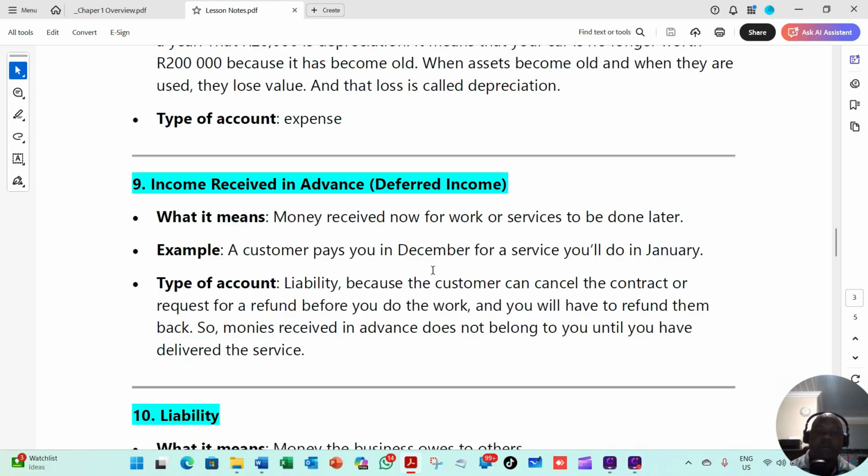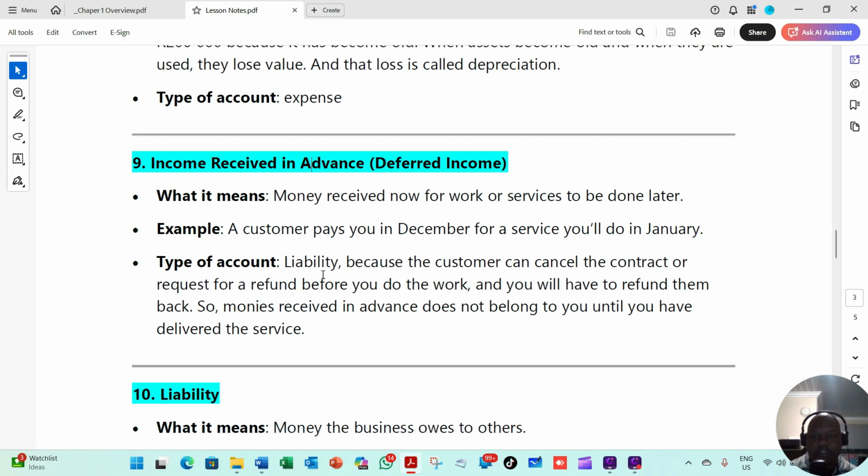So it is money received now for work or services to be done later. So this person is paid for their services in advance. They just felt that, okay, I have money right now, let me pay for this service, and then the company will provide the service later.